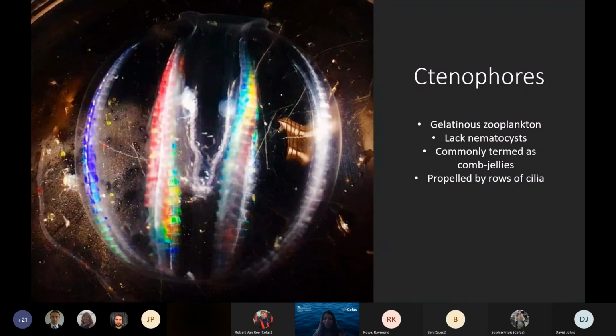So we move on to ctenophores, which are a type of gelatinous zooplankton and are differentiated from cnidarian jellyfish by their lack of nematocysts or stinging cells. They are commonly spherical or bell-shaped. You may have often seen the spherical species stranded at the sea edge here in the UK, which are commonly known as sea gooseberries.